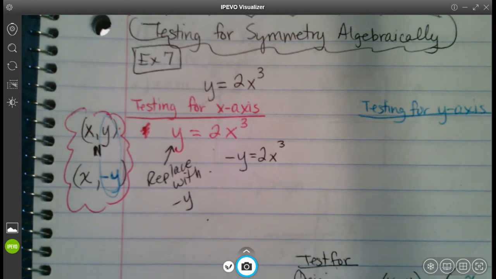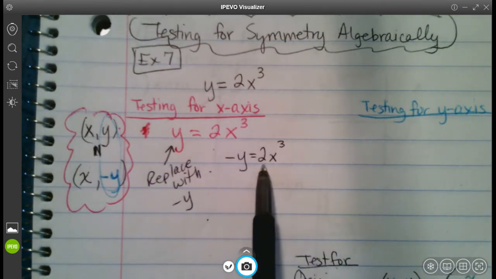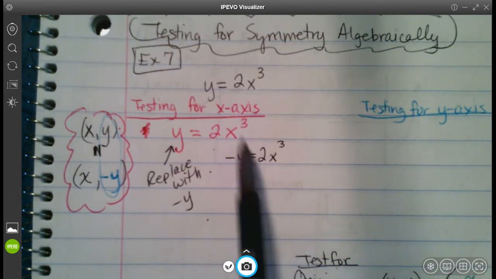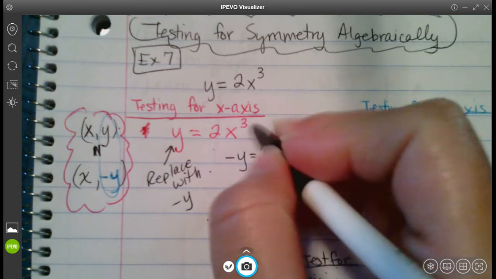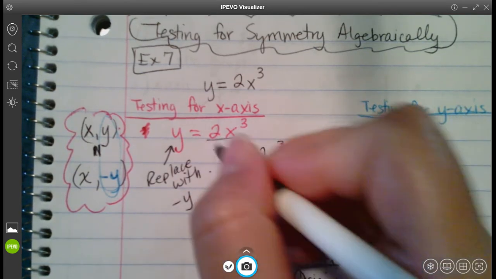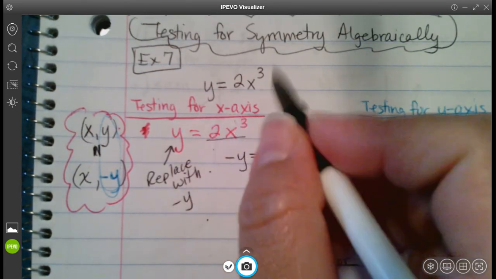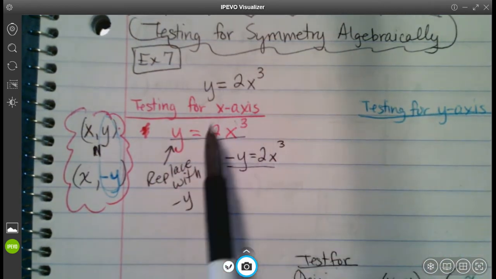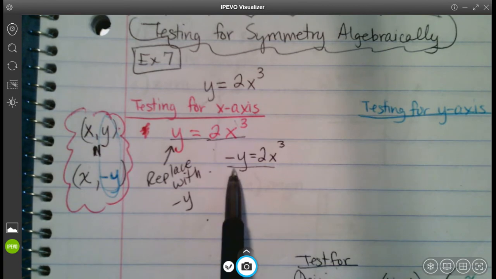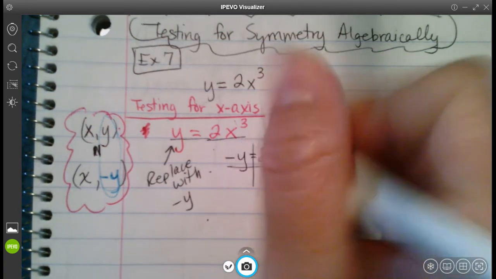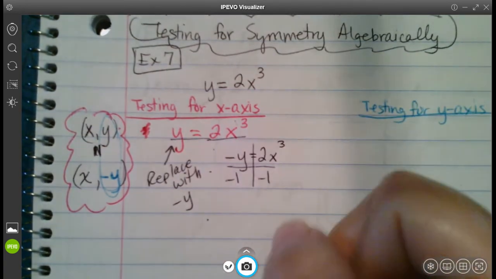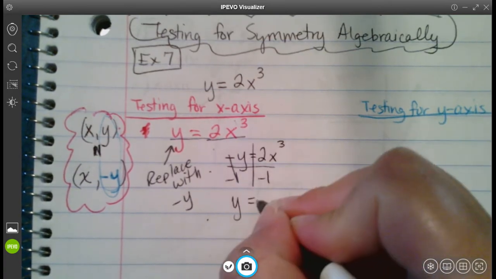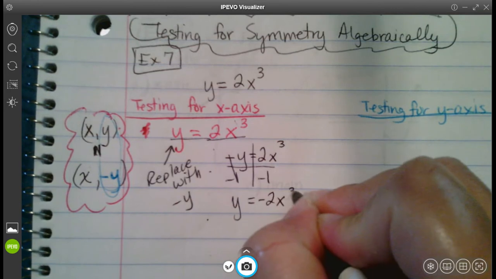Okay, and the goal is to see if this is equal to the original. So if I can manipulate this part to look like this part, then we are good to go. But remember that actually the entire thing, not just that. Remember that we have a negative here. So I'm going to see if I can work that out. Well, if I divide this by -1 and that by -1, I get y equals 2 divided by -1 is -2x cubed.